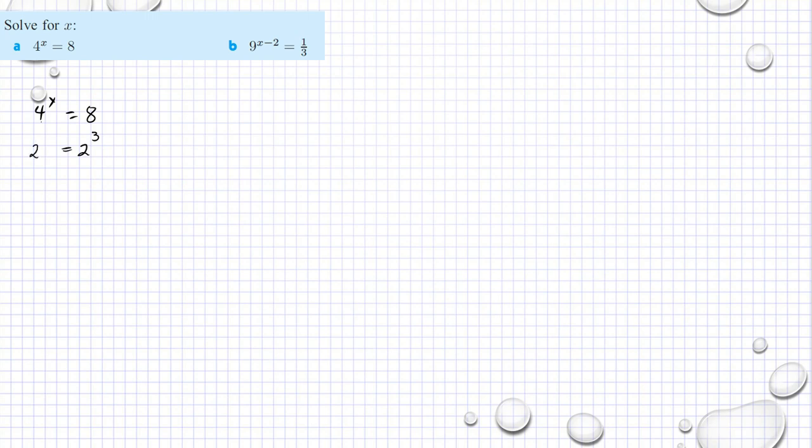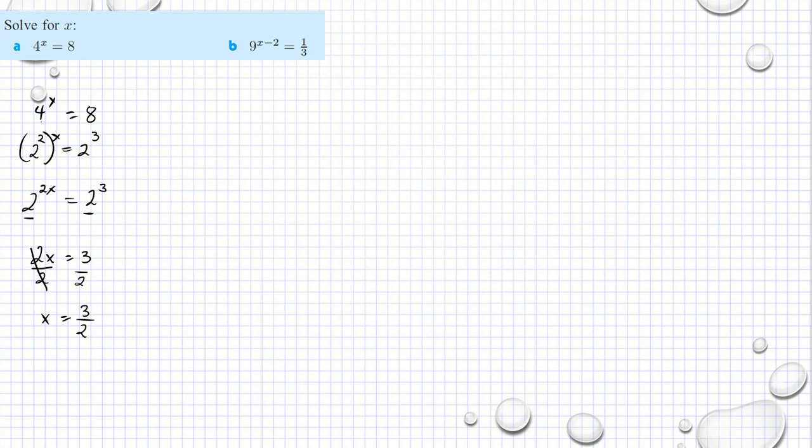We have 2 raised to 2 is 4, raised to x. And then a law says that 2 raised to 2x, we multiply the exponents, is equal to 2 raised to 3. Now we know that we have the same base, so we have 2x is equal to 3. Divide both sides of the equation by 2. Then we have x is equal to 3/2, or 1.5 if you want to express that in decimal.